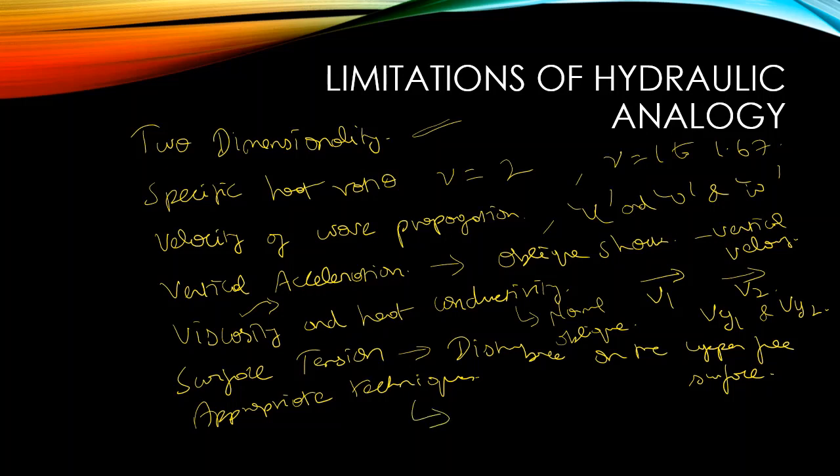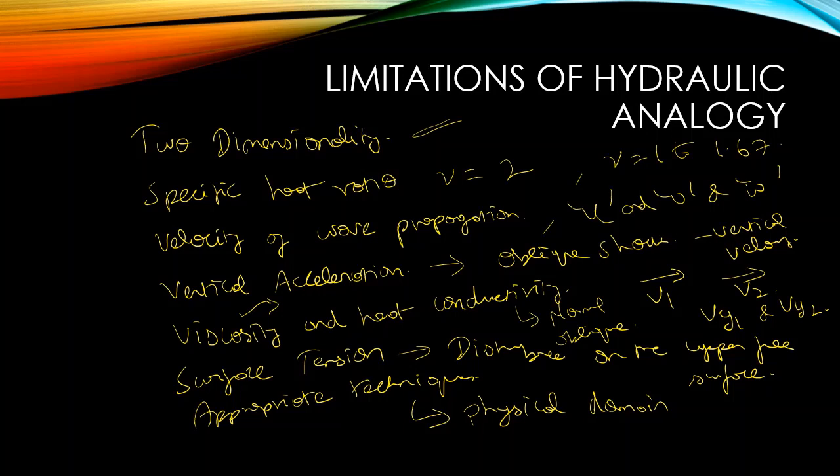And then appropriate techniques. We use some appropriate techniques for building any type of physical domain, right? You are able to construct any kind of physical domain, so based on the physical domain construction, we may use some appropriate technique.